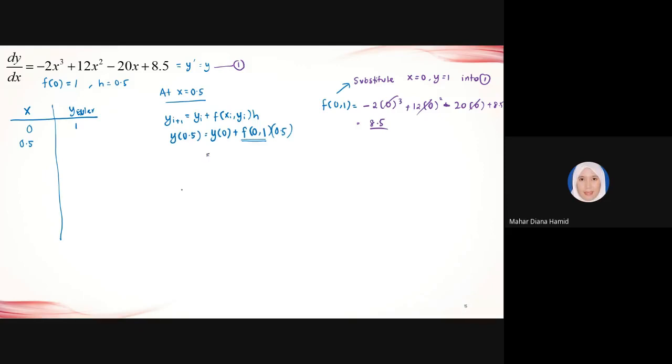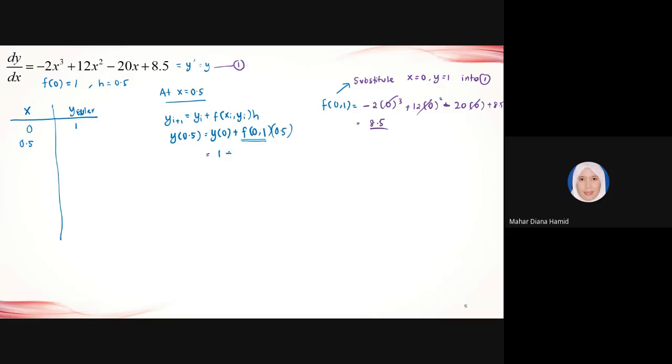So it says that the value of y at x equals 0 is actually 1.